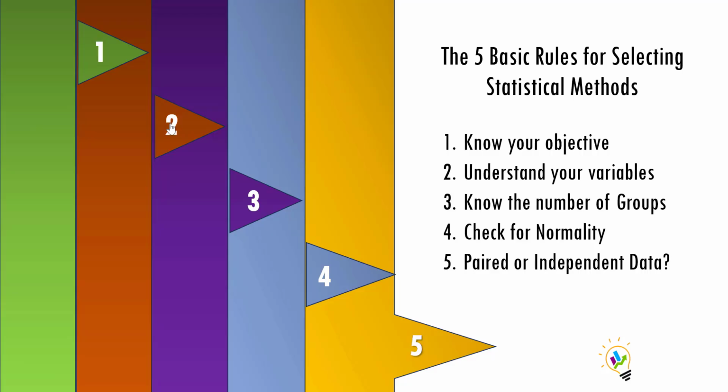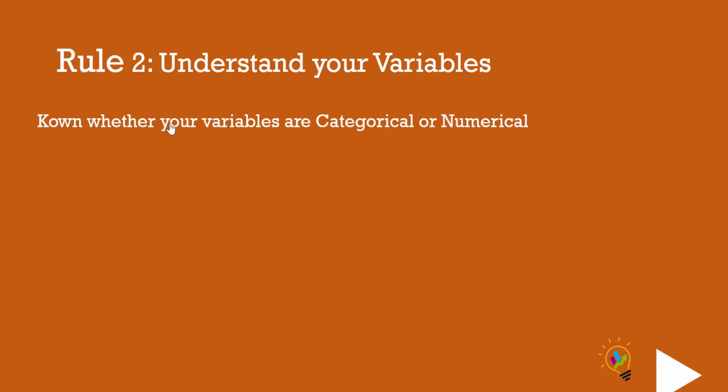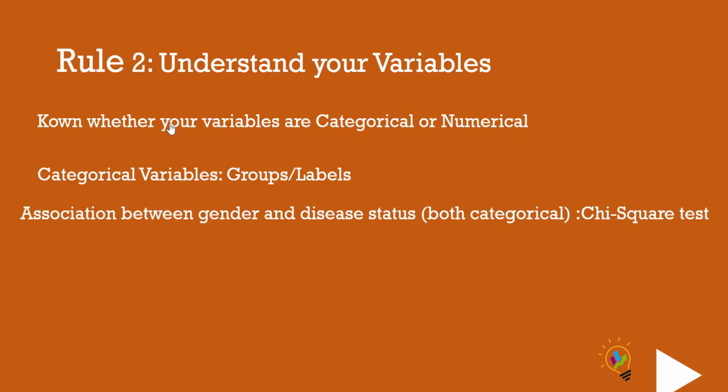The second rule is understand your variables. That is, measurement types need to be understood. We need to understand whether data is categorical or numerical. If they are categorical variables, it is an association. If you have two categorical variables, then we are going to use chi-square test.